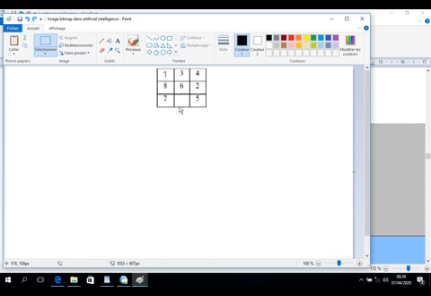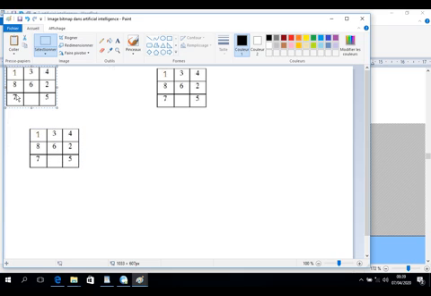From the initial state you see from this state there are 3 possible situations. We can move left, right, or up.